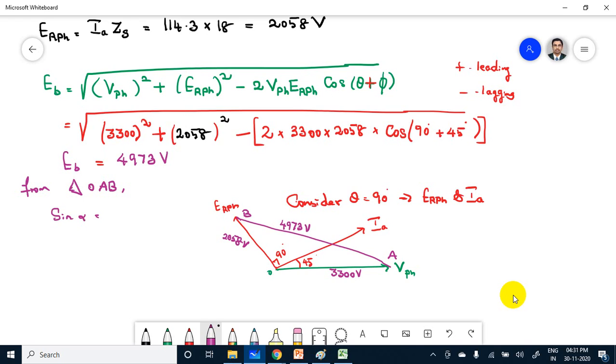The opposite side is 2058 divided by the hypotenuse, 4973. So 2058 divided by 4973 comes to 0.413.